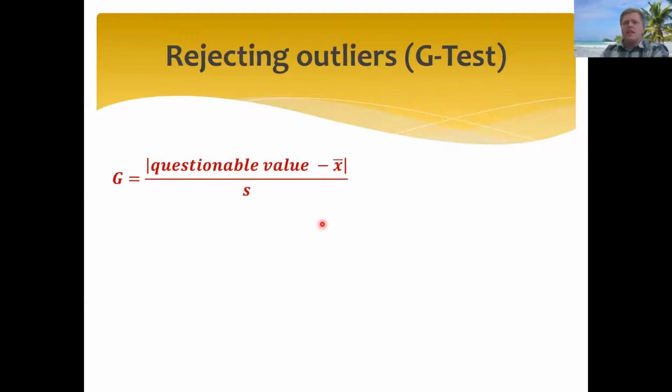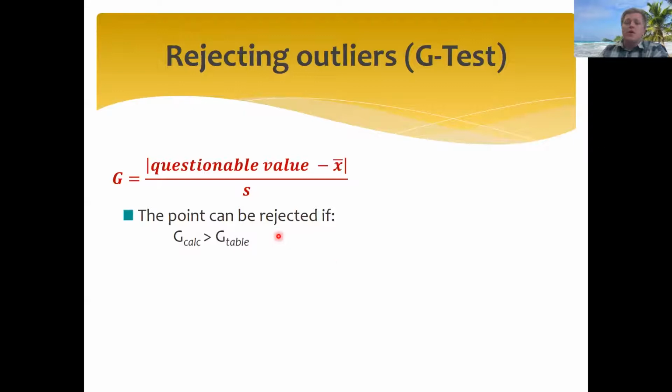And then just like the T-test and F-test, you compare your calculated G value to a table G value, and you ask, is your calculated value bigger than your table value? If your calculated value is greater than your table value, that means that your questionable value is the statistical outlier, and you can reject it.